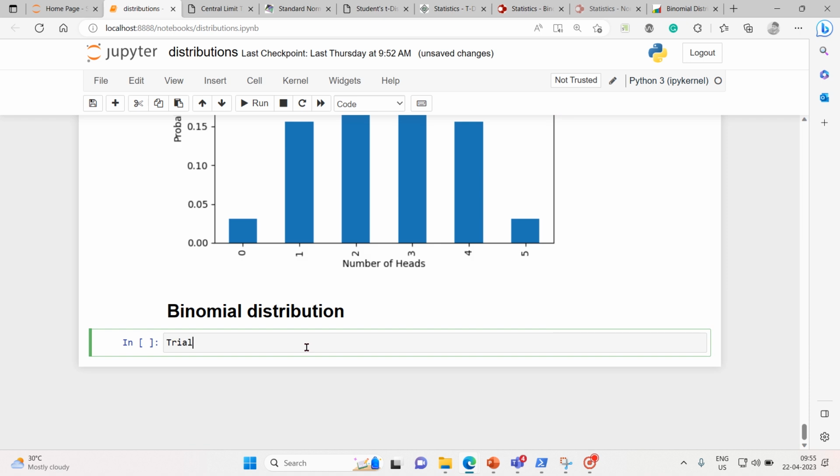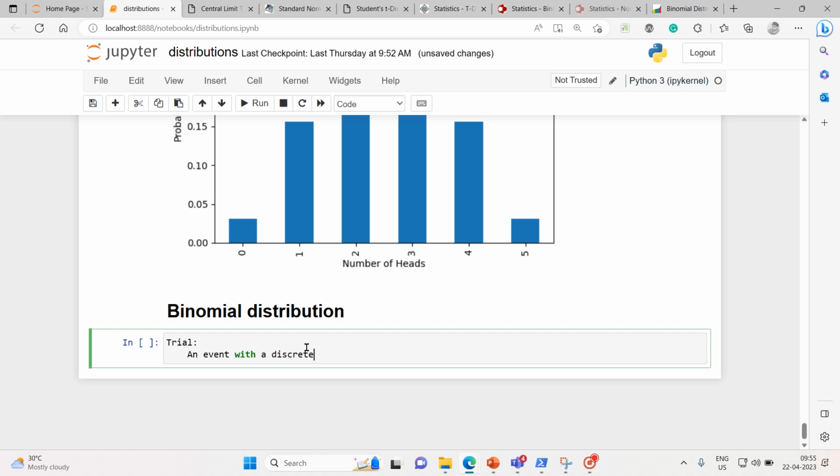Trial: an event with a discrete outcome, or an event which is done a discrete number of times.